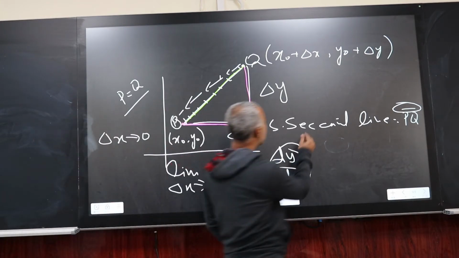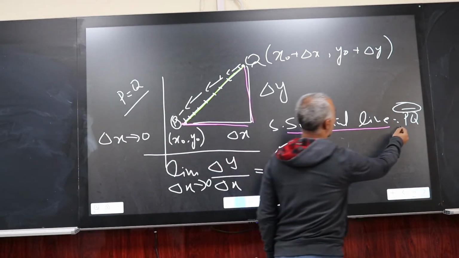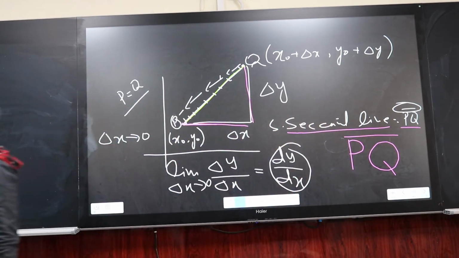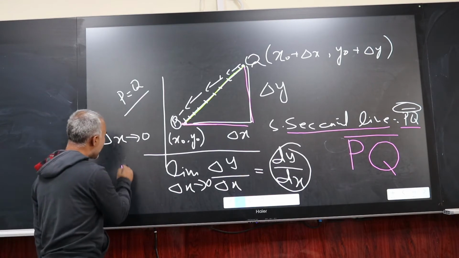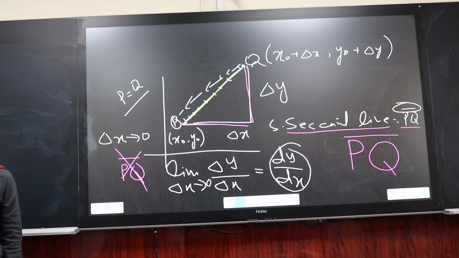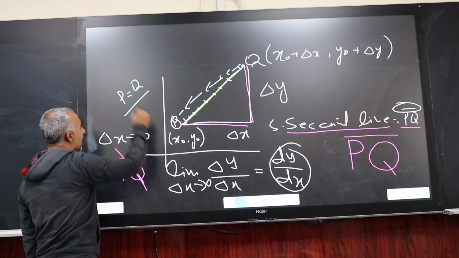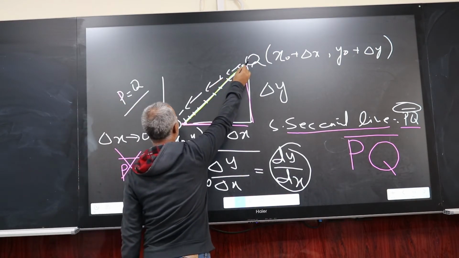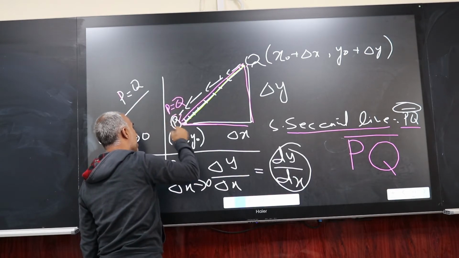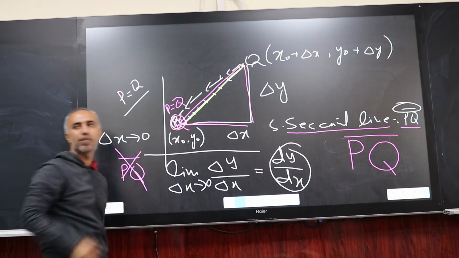As I also told you, PQ represents some kind of a line, bar. If I am talking about only one point, as I told you, P is fixed, Q will move towards P, and then P and Q are both at the same position.